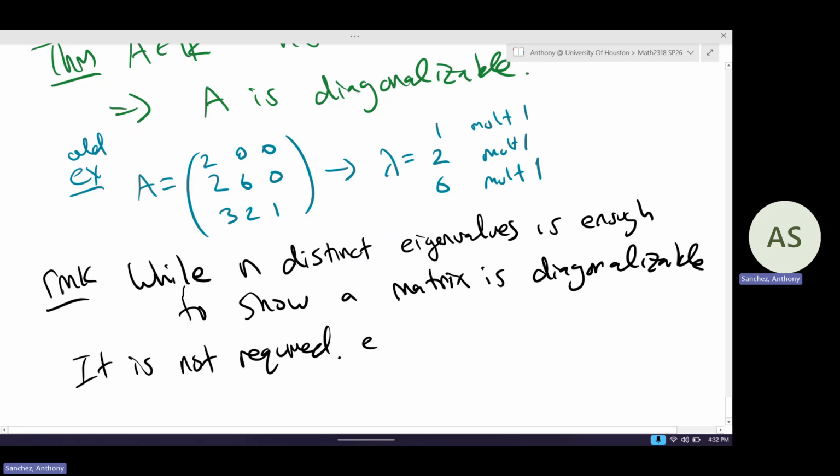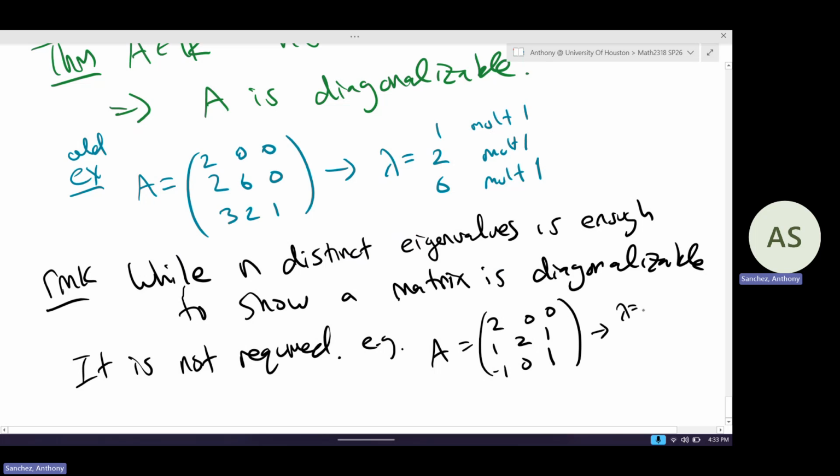Indeed, remember our example that we saw previously? [2, 2, 1; 1, 0, 0; 1, -1, 0]. This matrix that we saw just a little bit ago, at the beginning of class. This right here didn't have distinct eigenvalues.